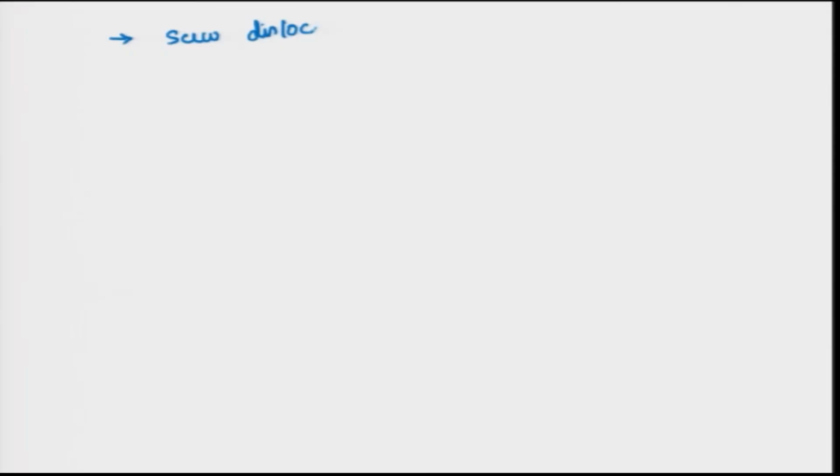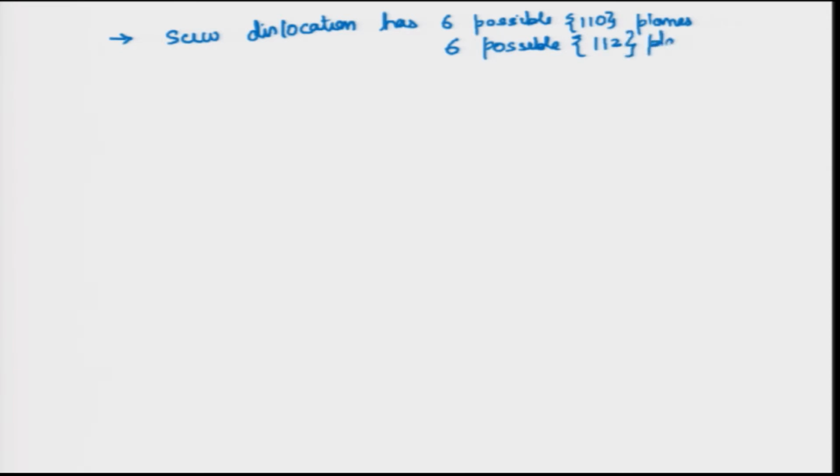So, a screw dislocation has 6 possible 110 planes, and I include the negative ones, otherwise you have only 3, and 6 possible 112 planes.